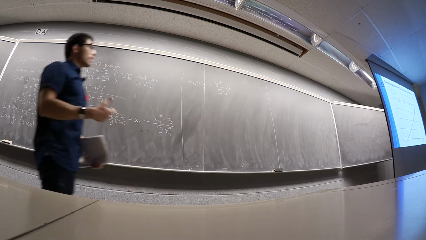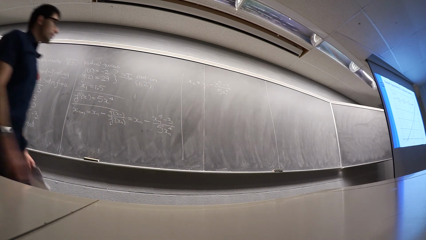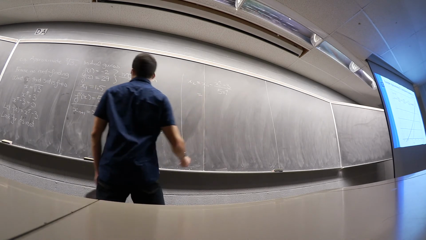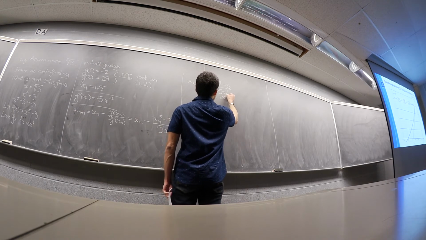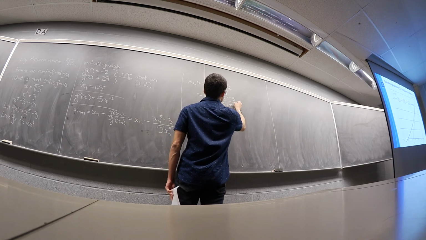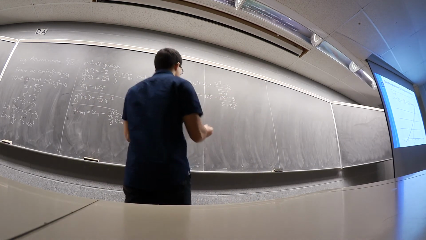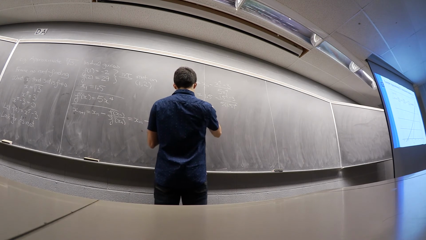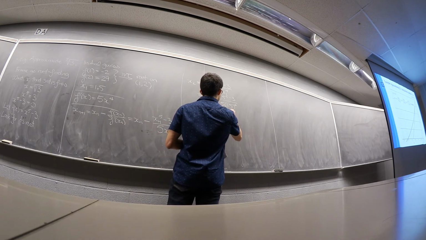My guess is you won't be writing all of this the same way as I do. Just do something that's clear. Our first guess was 1.5. So you just do 1.5 minus 1.5 to the 5 minus 3 over 5 times 1.5 to the 4, and you'll get approximately 1.3185185.